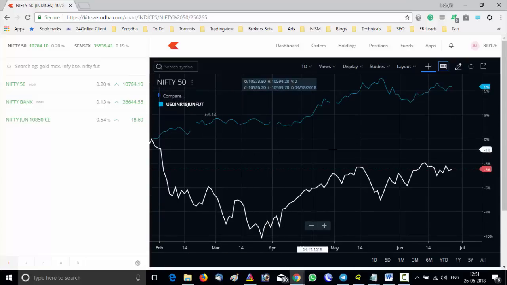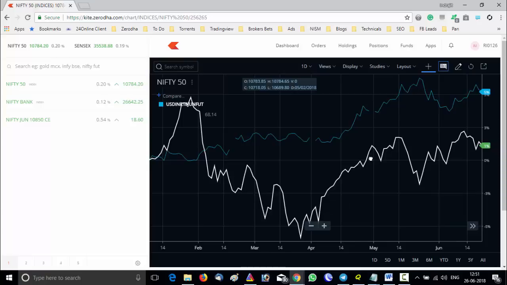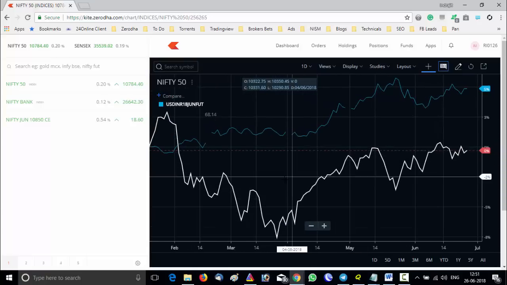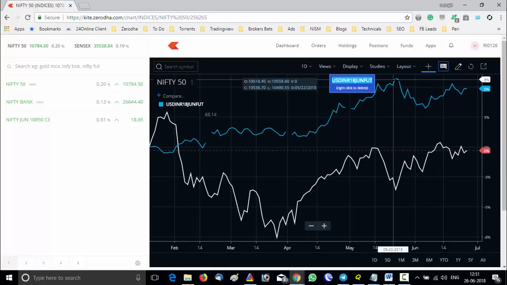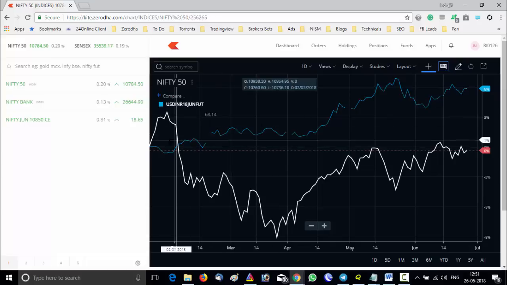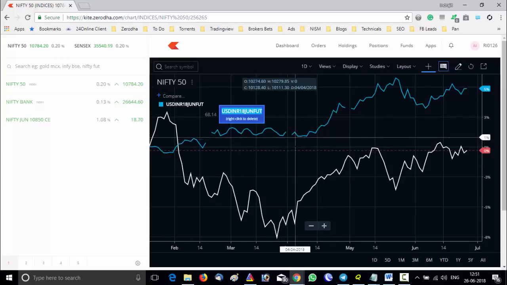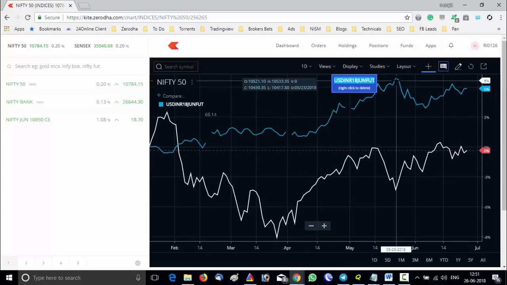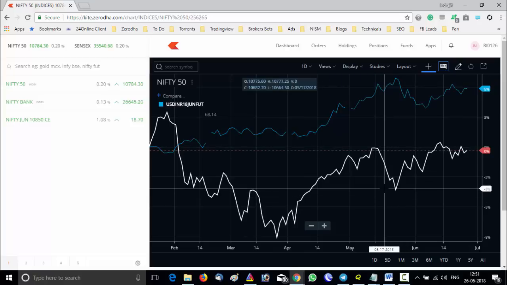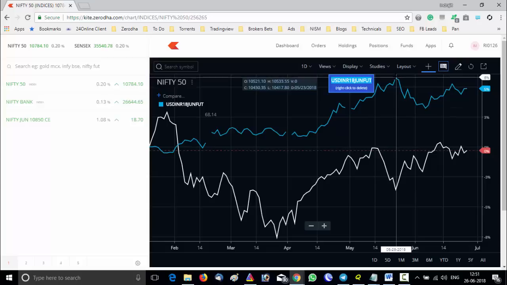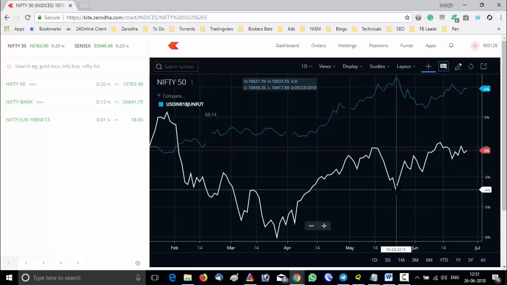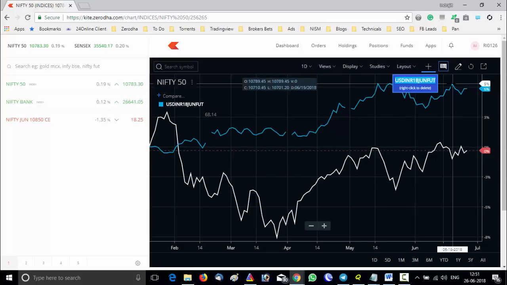You can see the USD INR chart is added, and there is a very nice correlation between USD INR and Nifty. Whenever USD INR is at a peak, Nifty is at the bottom.